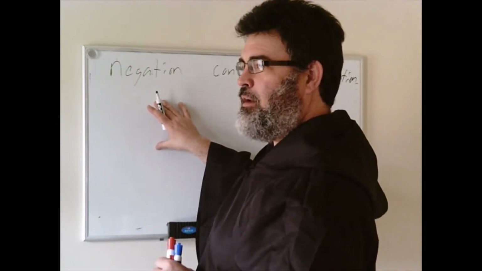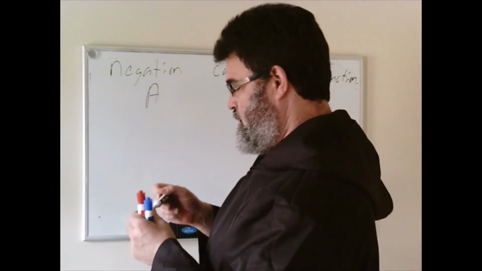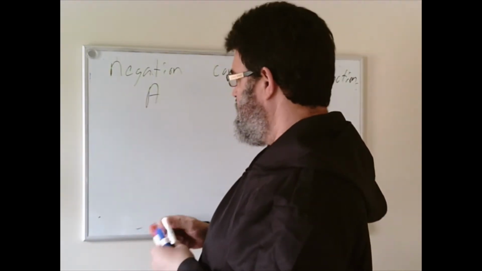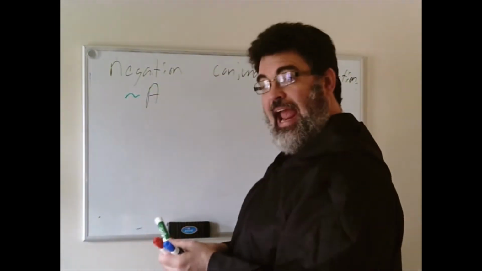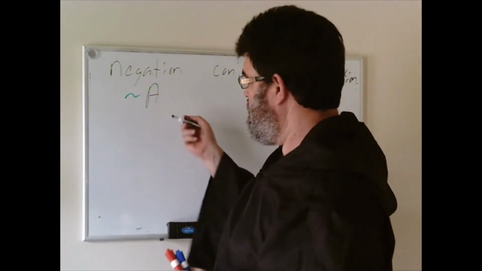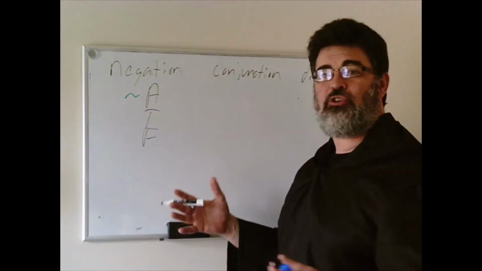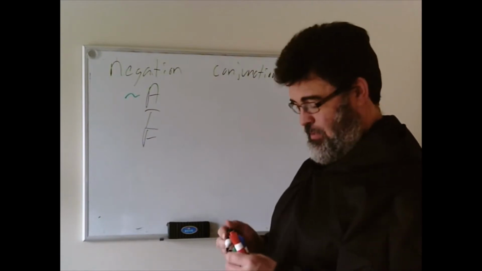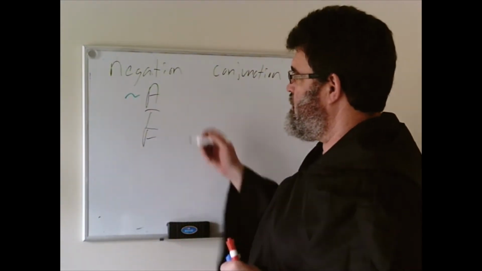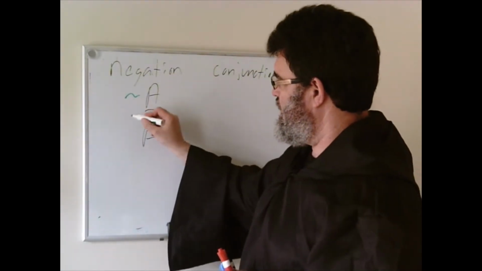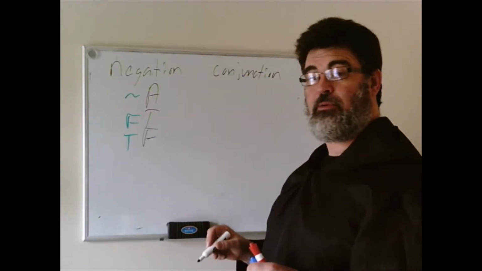How about A? A negation is not whatever A is. A can be either true or false. Those are the 2 things that A can be. The negation, then, is simply the opposite. If A is true, then not A is false, and if A is false, then not A is true.